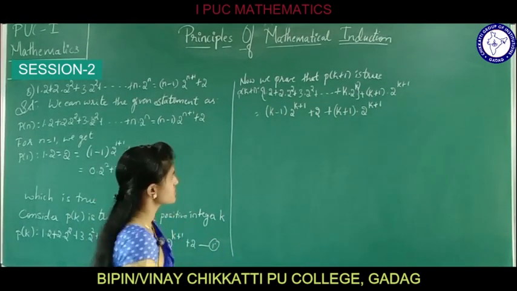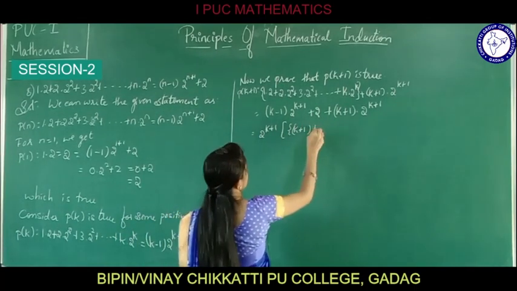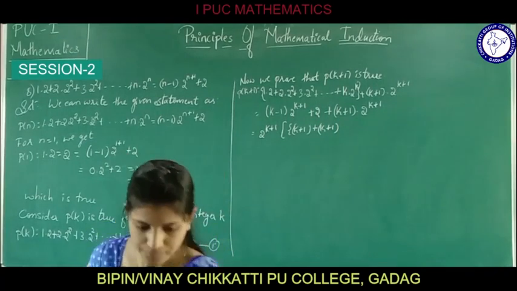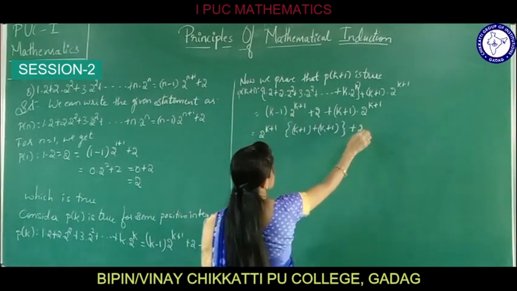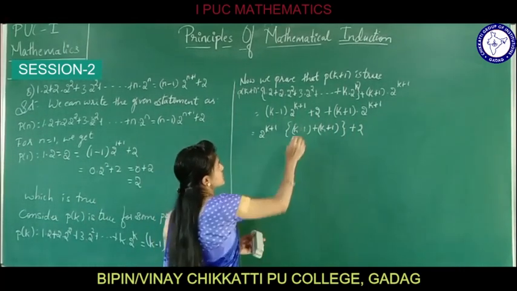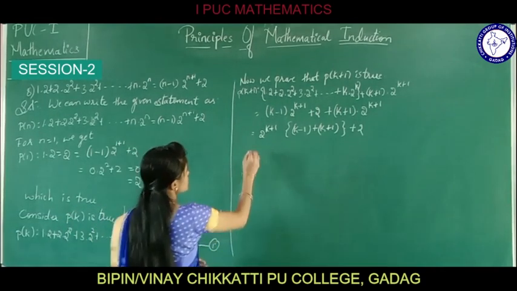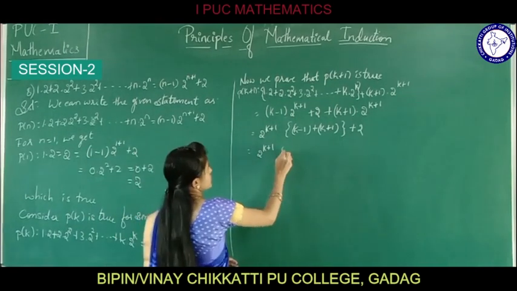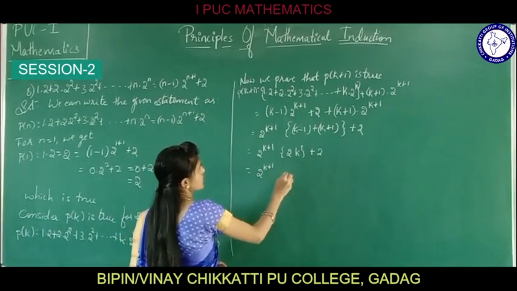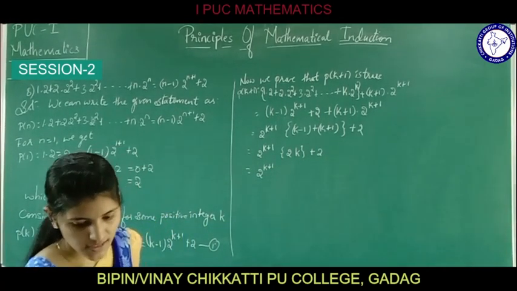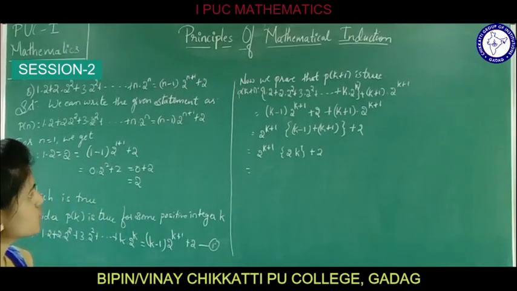We get 2 raised to k plus 1 into k minus 1 plus k plus 1, plus 2. Here k minus 1 plus k plus 1, if it is so, we are going to get 2k. So we have 2 raised to k plus 1 into 2k, plus 2.